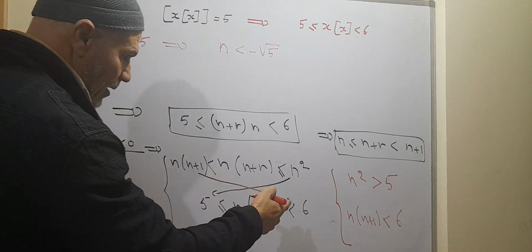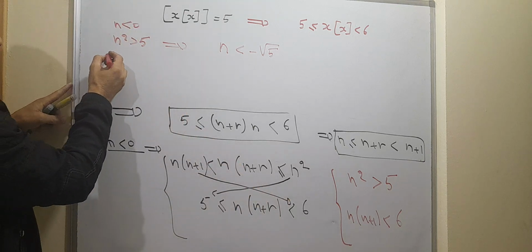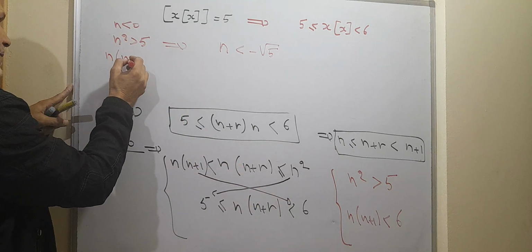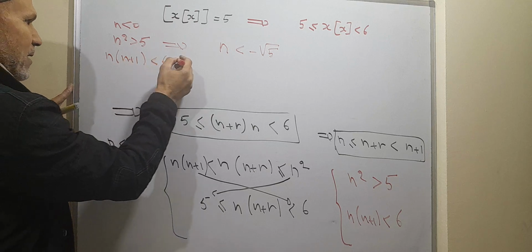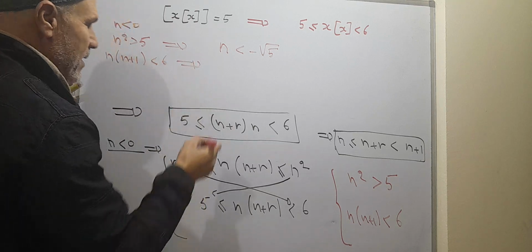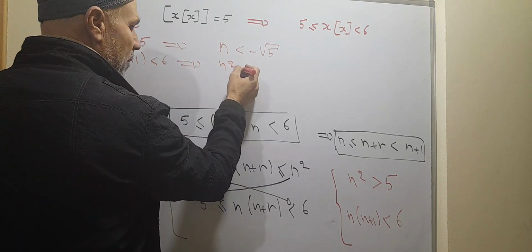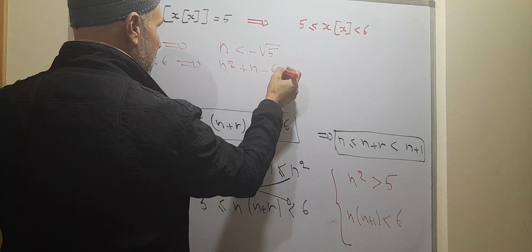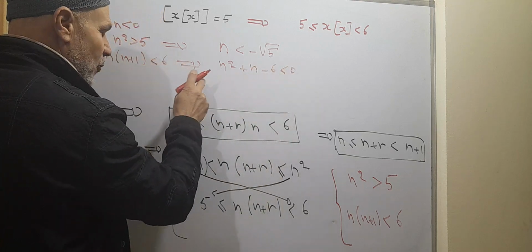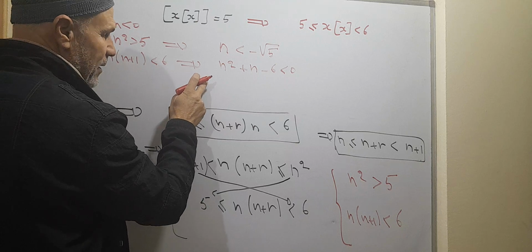The second thing we have is n times (n plus 1) less than 6. This implies that n squared plus n minus 6 is less than 0. We use here delta.